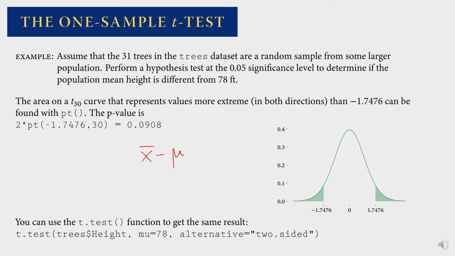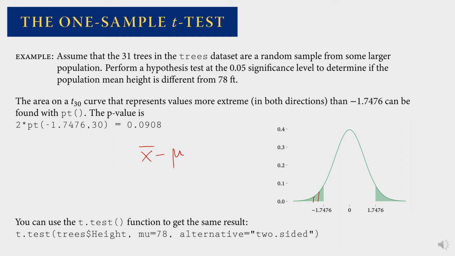The sample mean was 76. If it had been 75 with the same sample standard deviation and size, the t-stat might have been here. If the sample mean was 74, the t-stat might have been here. So that's why this area is considered less likely than my result under the null hypothesis.